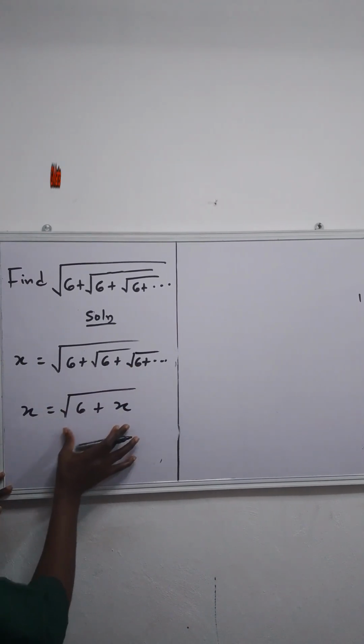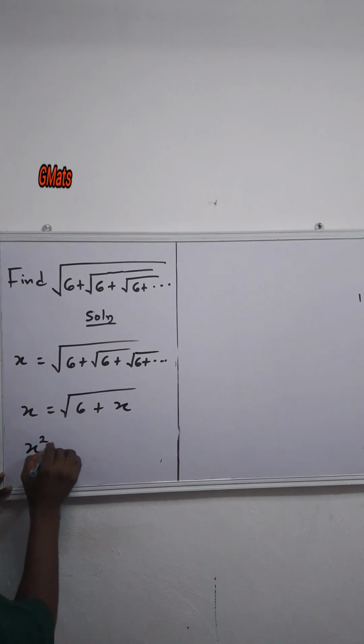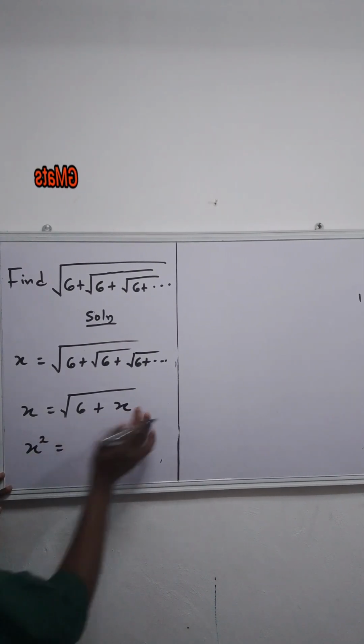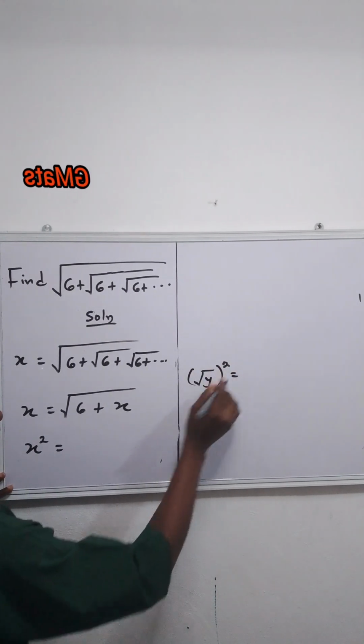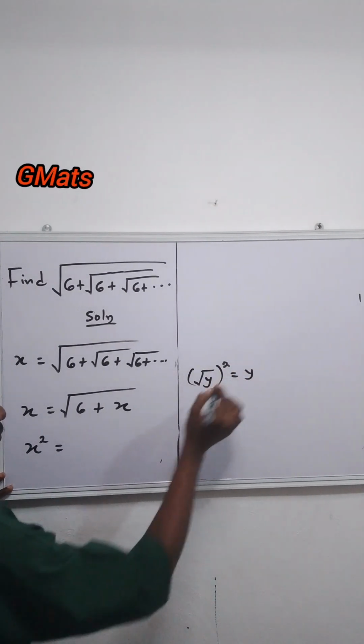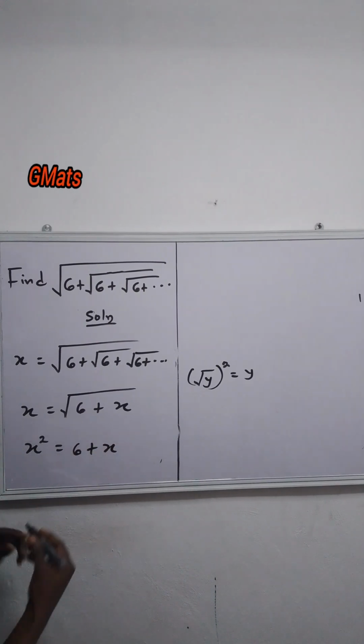Now you square both sides. So we have x squared equals, when you square a square root, it gives you what you have inside. So here now we have 6 plus x.